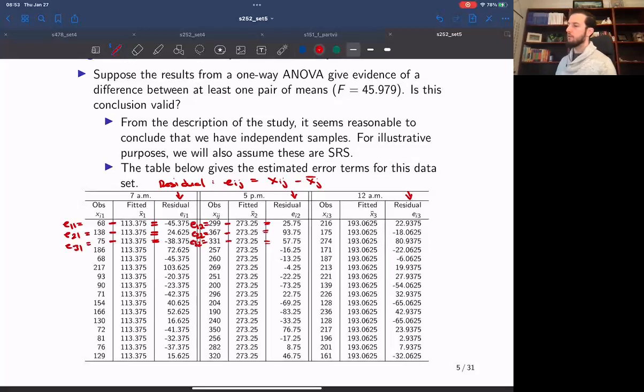I realize that's a little hard to see, but the point is basically that for each observation in each group, we just subtract the sample mean, and that's how we build the residual term. It would be the same thing for the 12 a.m. group as well, so just for completeness' sake, I'll write it over here so it's legible: e13, e23, e33.